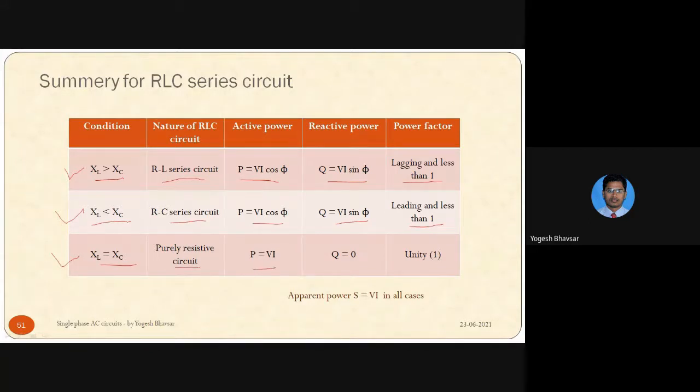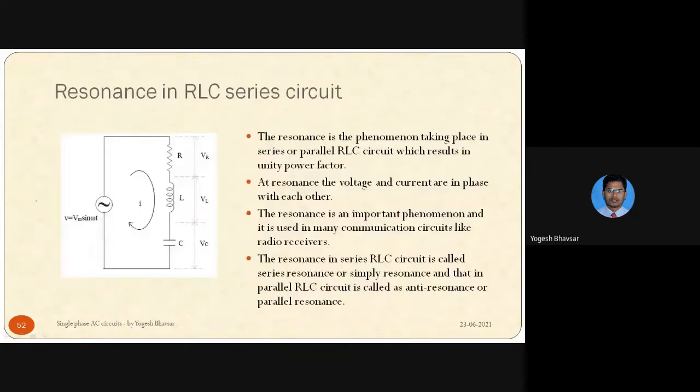In power, active power is VI, and reactive power will be 0 because sin 0 is 0, and the power factor will be unity. And in all cases, the apparent power is VI. It will not change. Apparent power S is equal to V into I, measured in volt ampere. So this is the summary for the RLC series circuit.